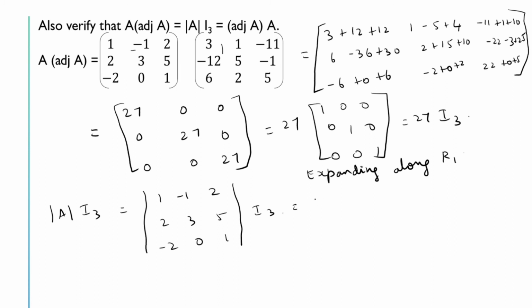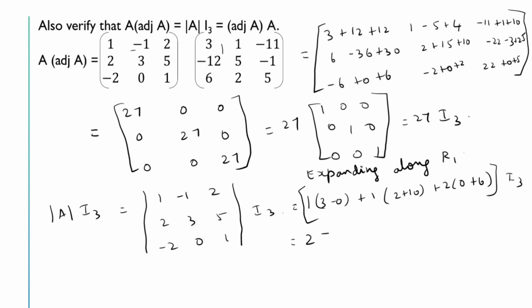So we get this is equal to 1 into 3 minus 0, minus of minus 1 is plus 1 into 2 plus 10, plus 2 into 0 plus 6, into I3. So this is equal to, here it is 3 plus 12 plus 12. So it is equal to 27.